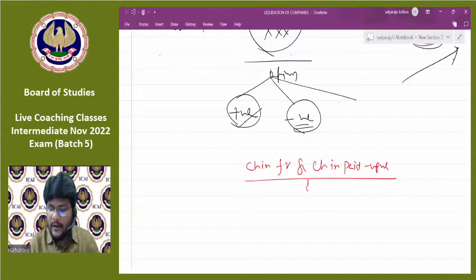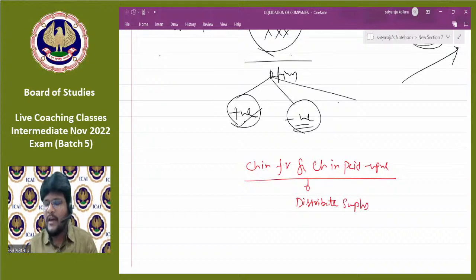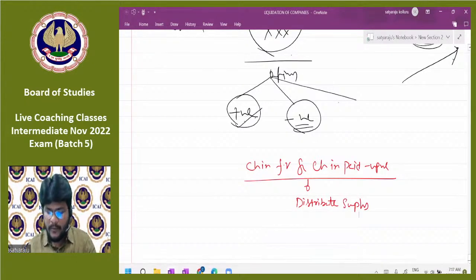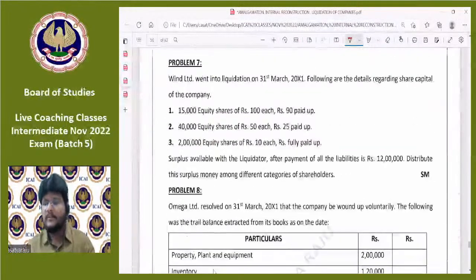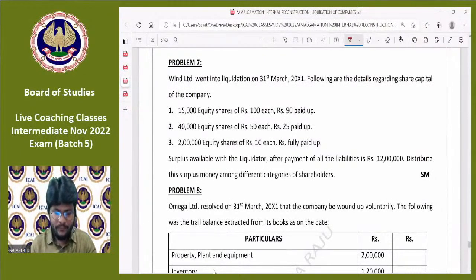Then how can we distribute cash or surplus? How will the liquidator distribute surplus among the various classes of equity shareholders? We are going to discuss with a problem. That problem is problem number 7, guys. All of you, please come to problem number 7 quickly. Can I proceed, guys?